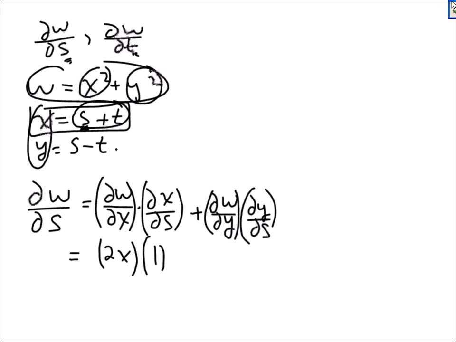The derivative of s is 1, and the derivative of t is a constant, which is 0. Plus dw dy. X squared is a constant now, so its derivative is 0, plus the derivative of y squared is 2y, times dy ds. In terms of s, the derivative is 1 minus 0, which is 1.